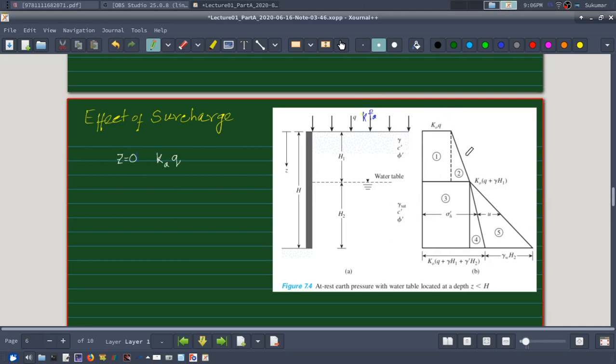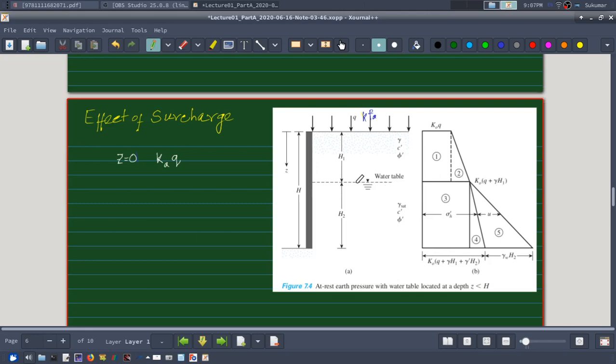Okay, and that will remain constant, and then due to this portion I will have Ka, this gamma is the same in this case, so Ka into gamma into H1 will be added to this value. So this total will be Ka times Q plus gamma into H1, right?